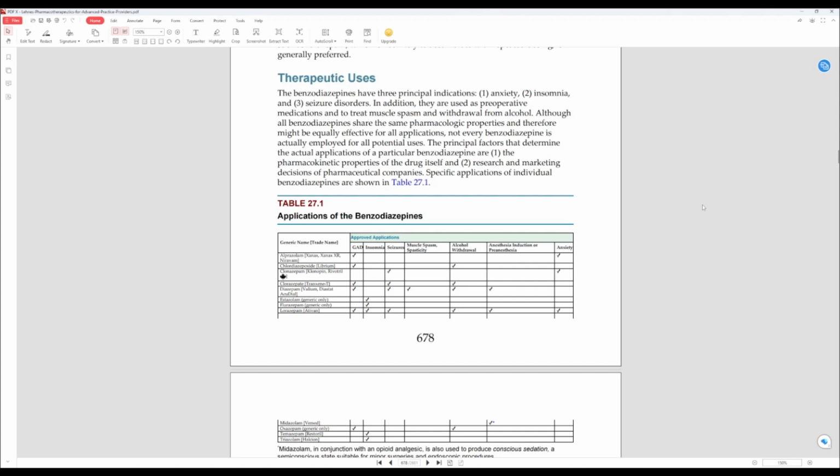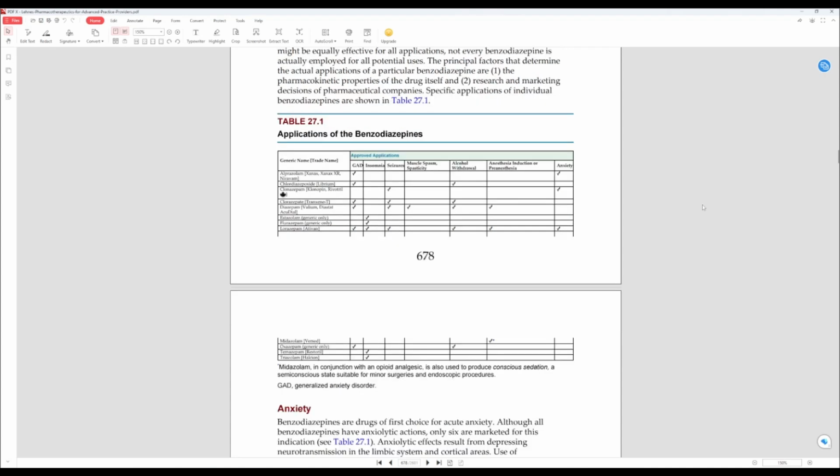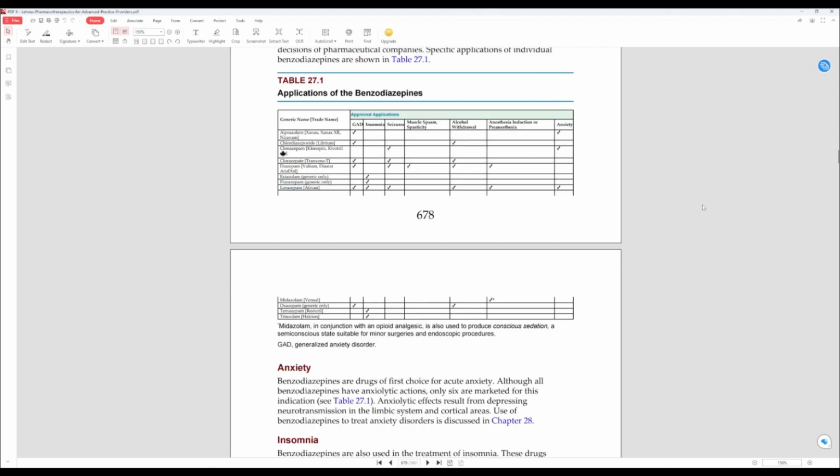So the specific applications of individual benzodiazepines are shown in the following table here. So here's an excellent spot to hit pause so you can see the application of different kinds of benzodiazepines, whether it's for GAD, insomnia, seizures, muscle spasm, spasticity, alcohol withdrawal, or anesthesia, or induction, or pre-anesthesia, and lastly for anxiety.